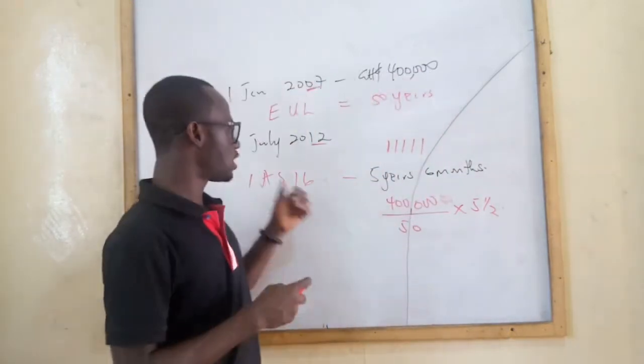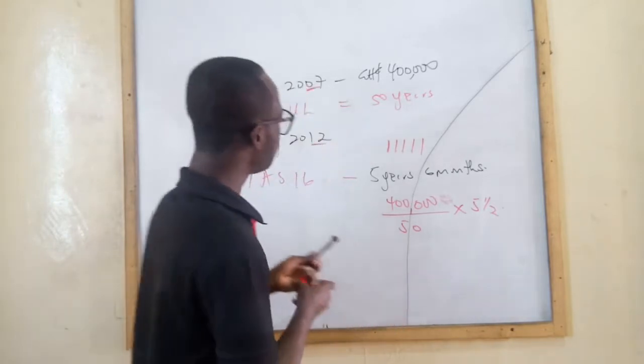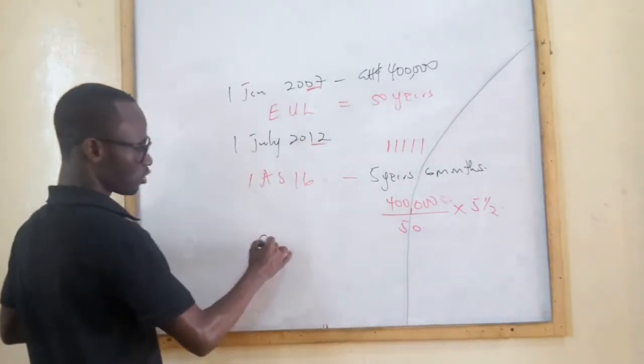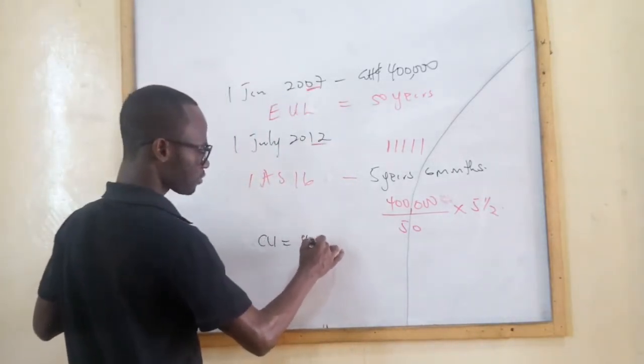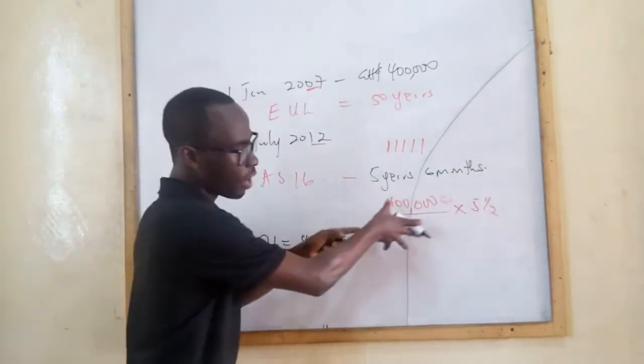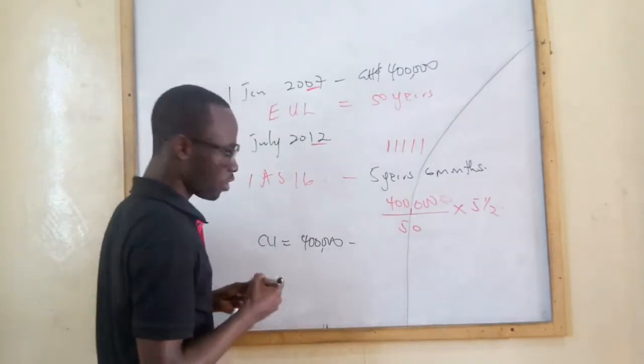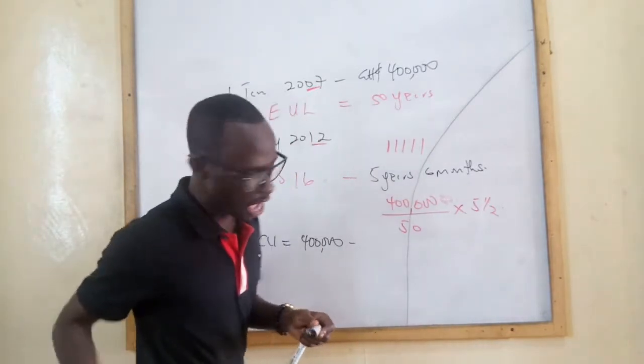As at 1st July, the carrying value of the asset is going to be 400,000 minus the total depreciation. When you work out 5 years, 6 months, the figure is going to give us 356,000.